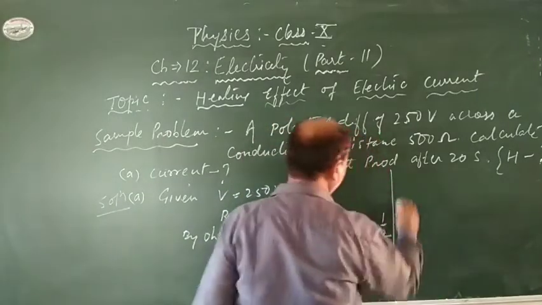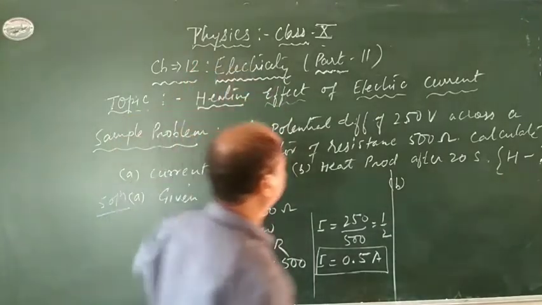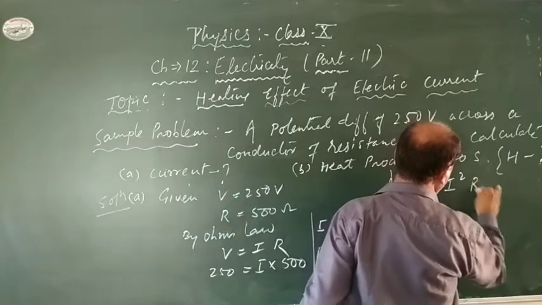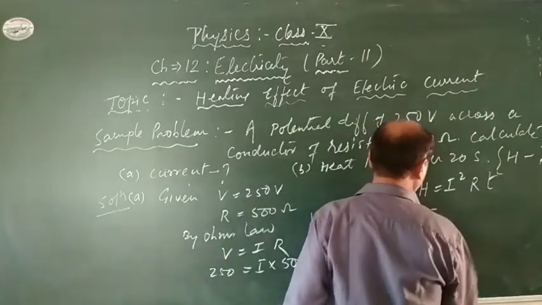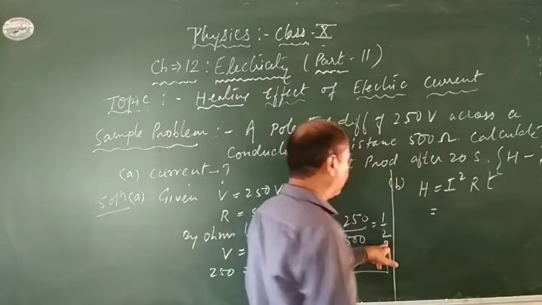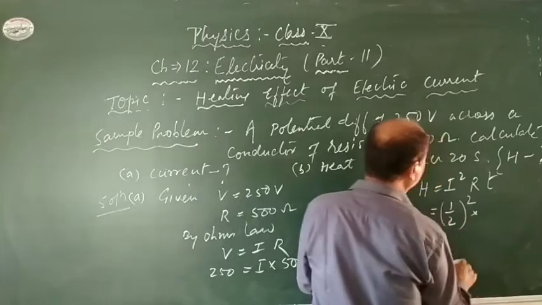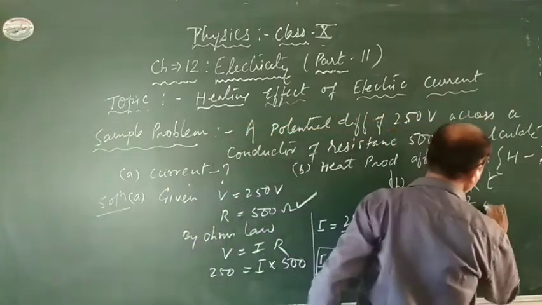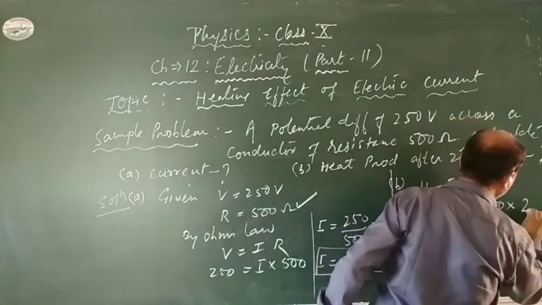Now in part B, directly we will use our relation. Which relation? H is equal to I squared RT. Now I we got, what is I here? I is 1 by 2, and this fraction we can use. Square of the current, and the resistance is given in this question, 500 ohms. So we will put here 500, and time is 20 seconds.